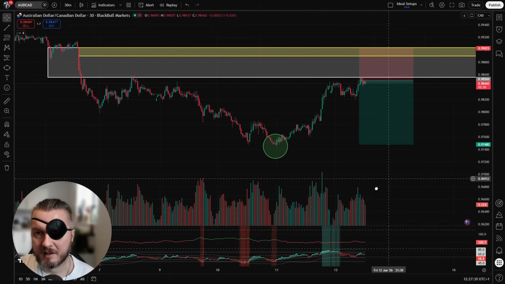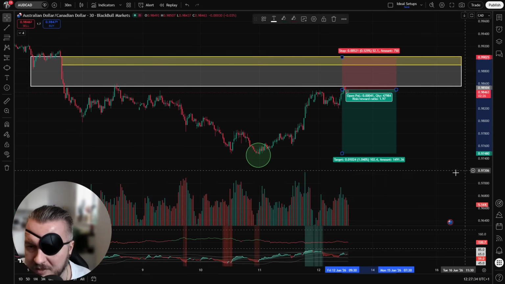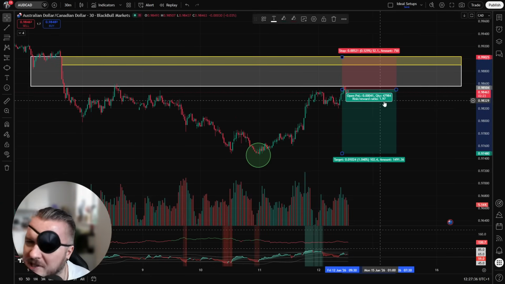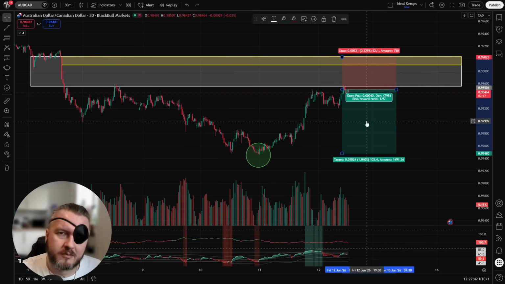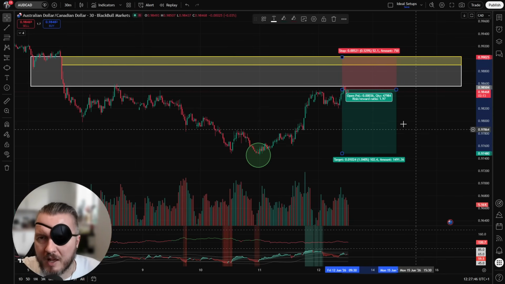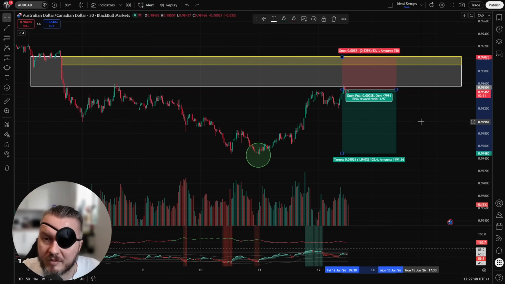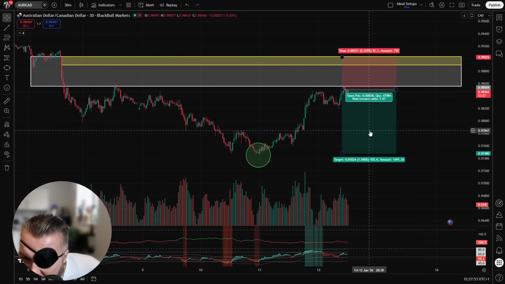If we achieve that, then like I said, this is what I expect to do, and that approximately delivers about a 2-to-1 or a 1-to-2 risk to reward, however you want to put it.